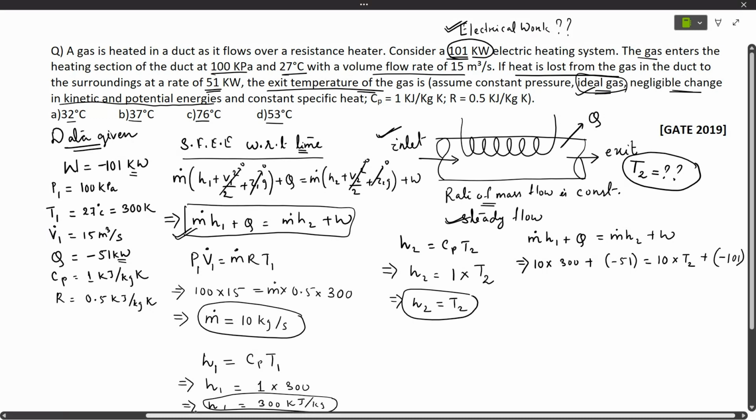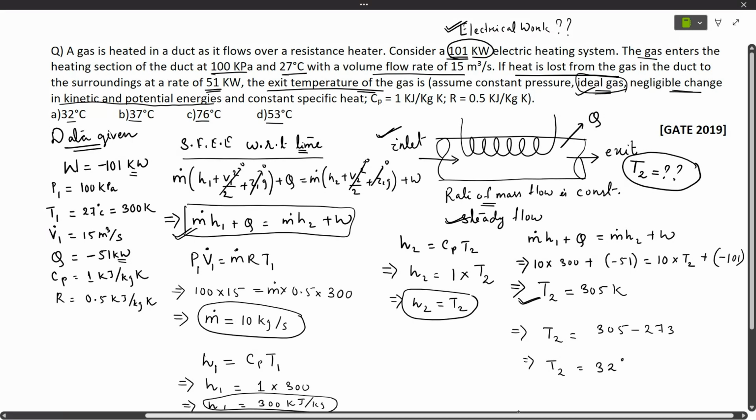After solving this expression, we get T2 as 305 Kelvin. But in the question, the options are given in degree Celsius. So let's convert T2 from Kelvin to degree Celsius: T2 equals 305 minus 273, so T2 is equal to 32 degrees Celsius.